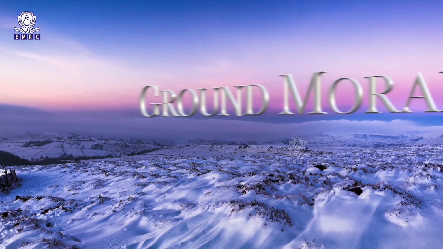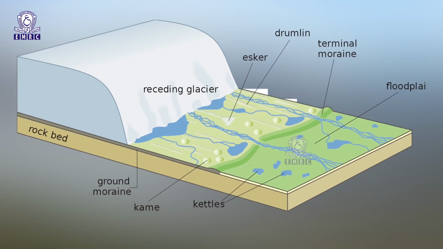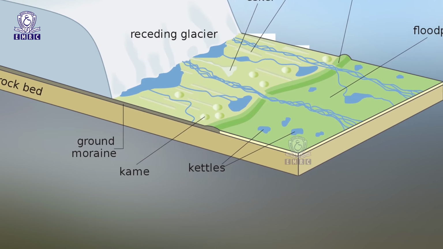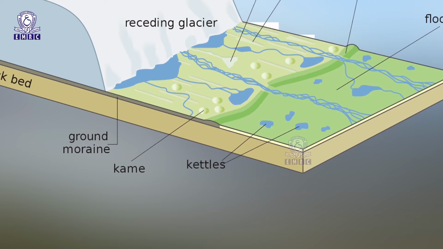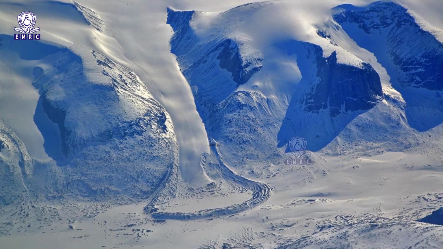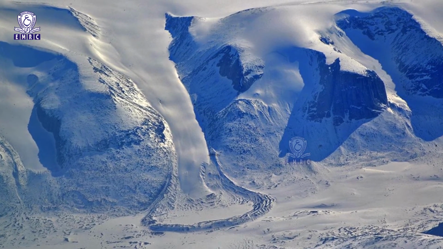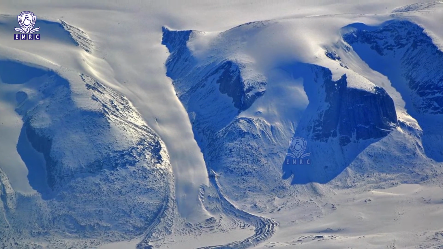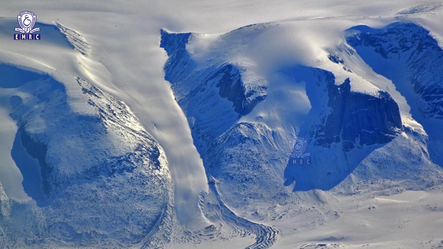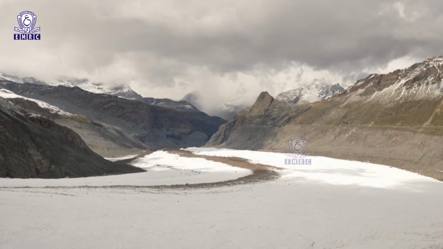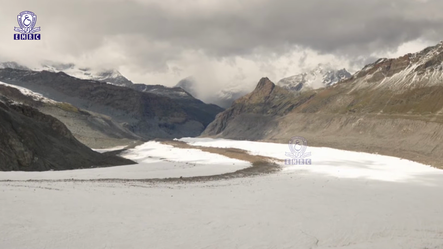Ground moraines. Ground moraine is the load carried by the glacier and is deposited on its own bed or base. This happens when the lower part of the ice becomes so heavily charged with sediments that it cannot transport it and therefore deposits it in the form of ground moraine.